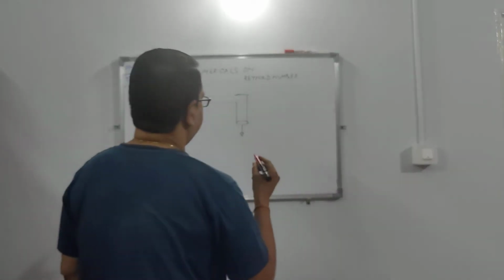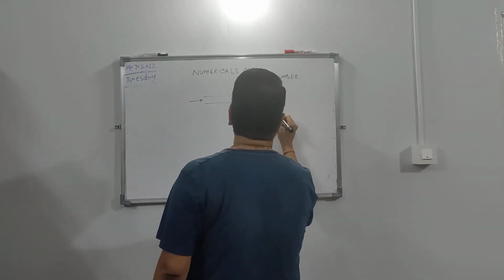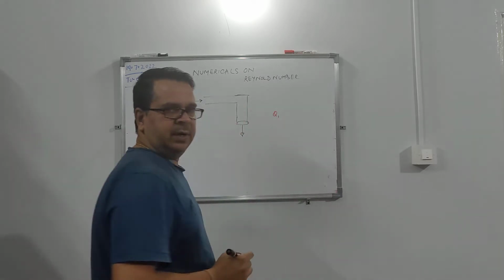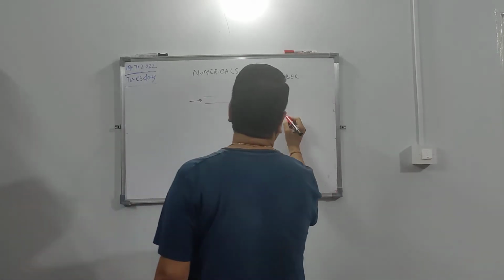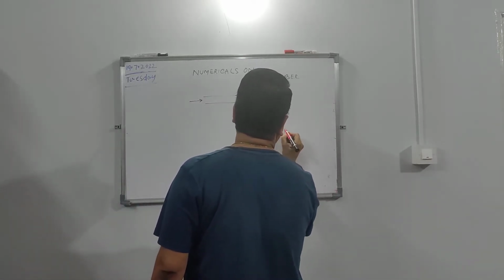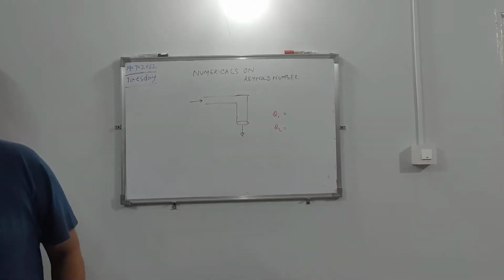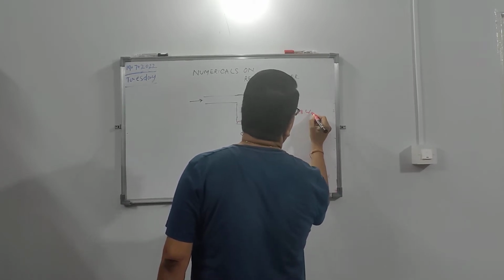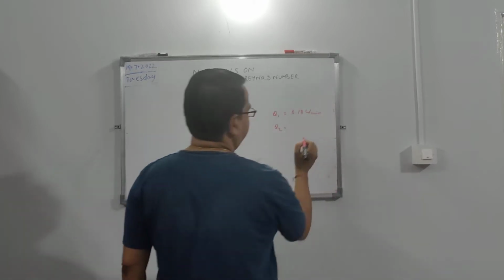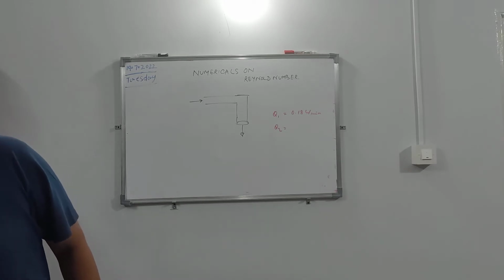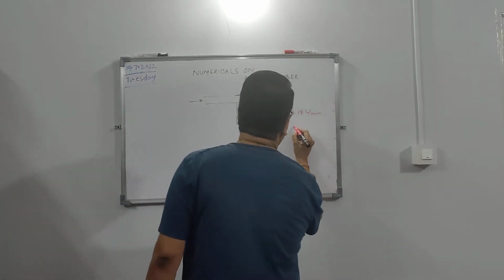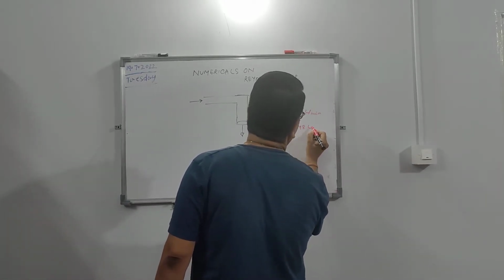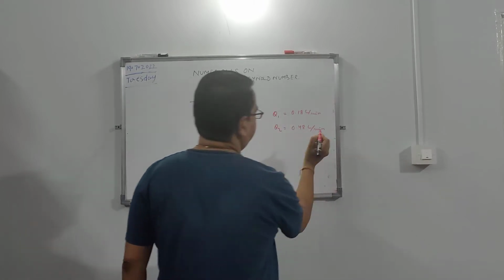My flow rate I can write as Q1 and Q2. Initially Q1 is equal to 0.18 liter per minute. Now it is increased to 0.48 liter per minute.